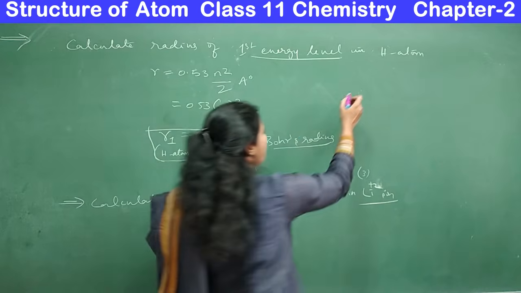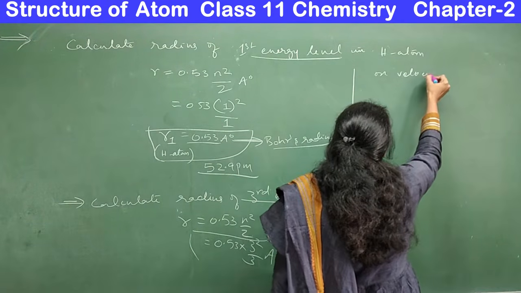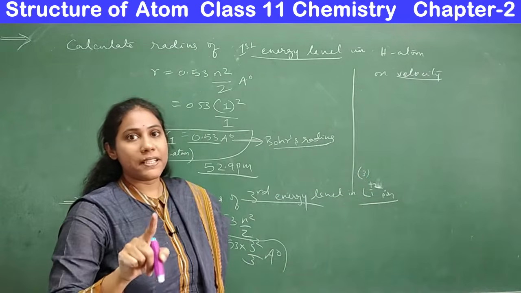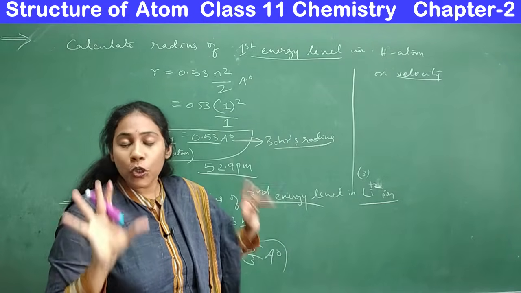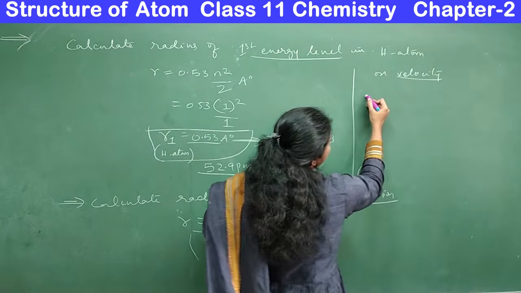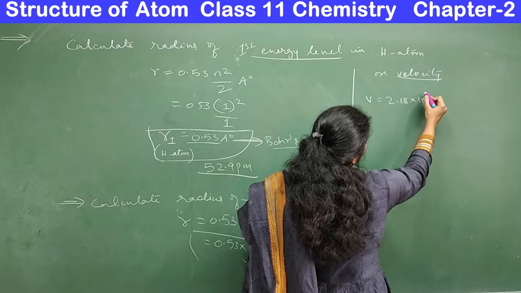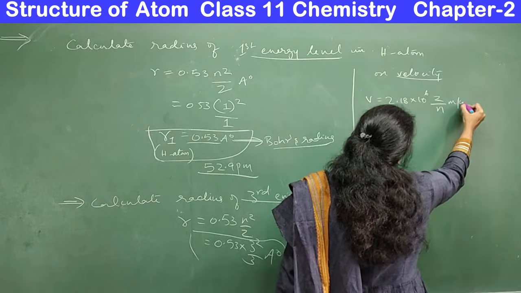And the next type of questions on Bohr's model is on velocity. They'll ask you to calculate the velocity of an electron in a single electron species. Remember, all these formulas are true only for single electron species. The velocity formula: V is equal to 2.18 into 10 power 6 Z by n meter per second.